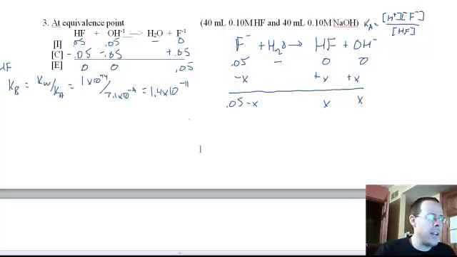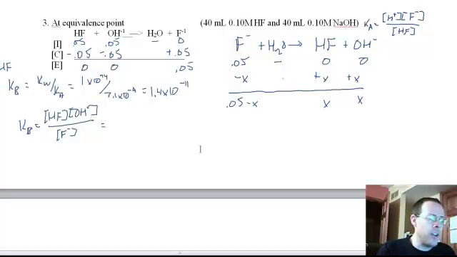Okay? And then our Kb expression for this would simply be Kb equals HF times hydroxide, which also can help us get pH, all divided by F⁻. And now we have a couple of these numbers, right?